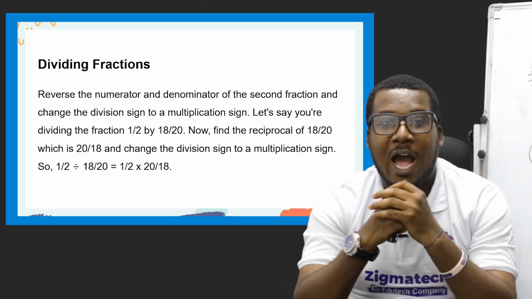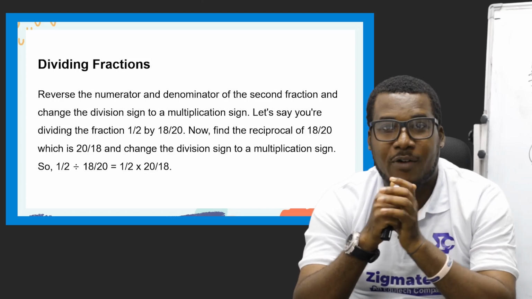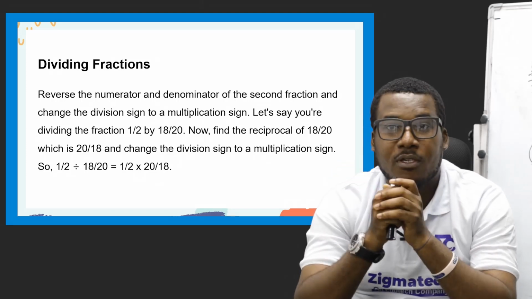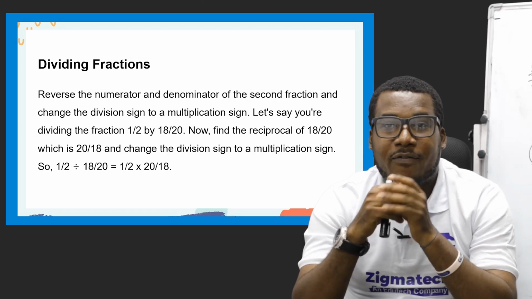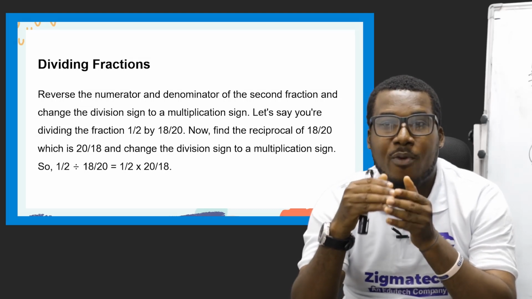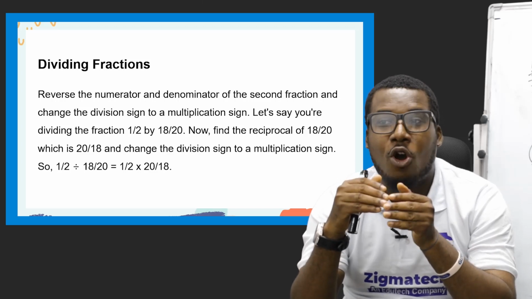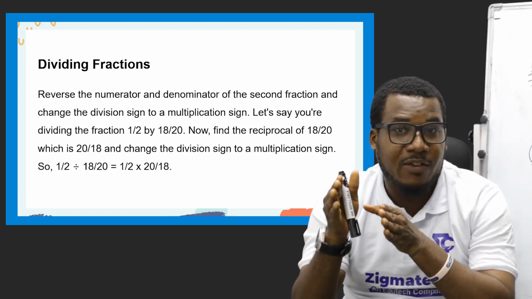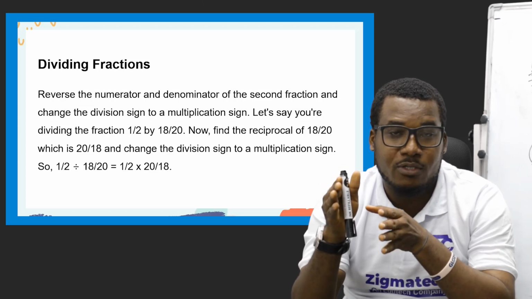Now, the second side of our teaching today is all about division of fractions. In dividing fractions, as earlier stated in the introduction, reverse the numerator and denominator of the second fraction. Specifically the second fraction.